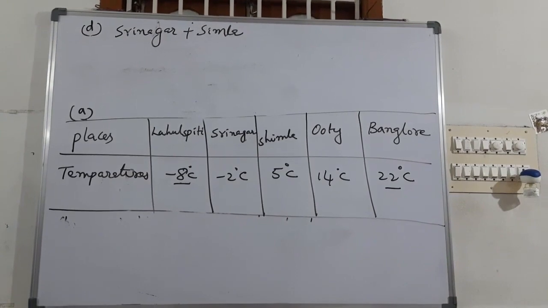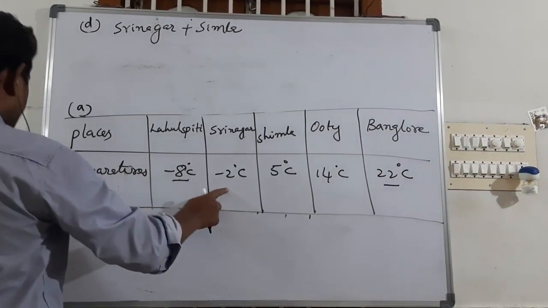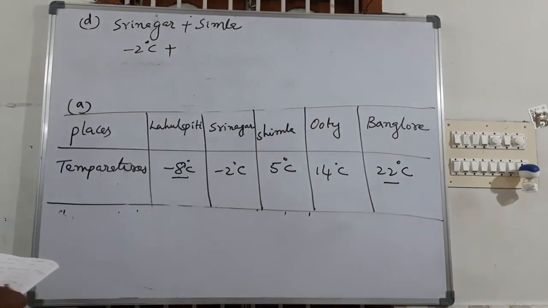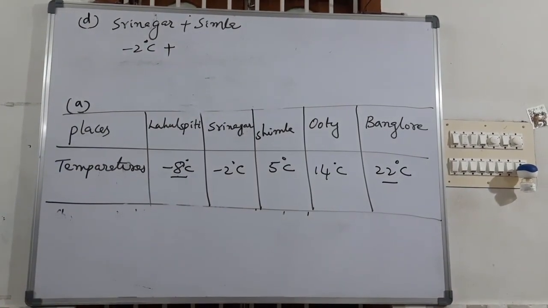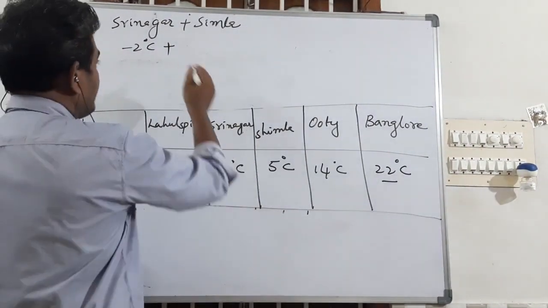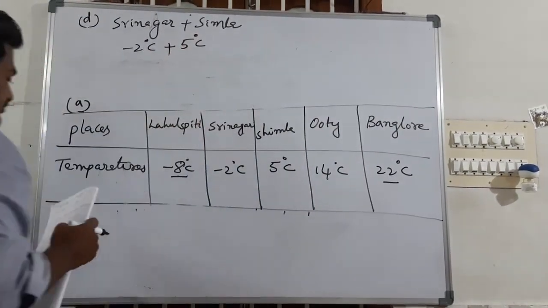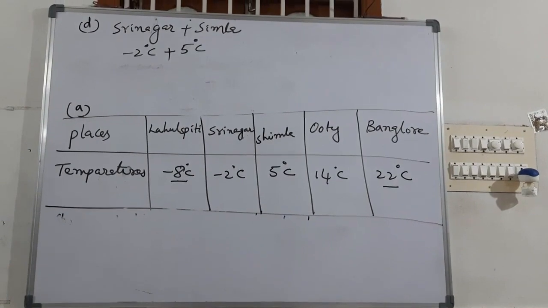See the board. The temperature in Srinagar is minus 2 degrees Celsius, plus Shimla. What is the temperature in Shimla? Shimla's temperature is 5 degrees Celsius. So 5 minus 2. Different symbols means we can subtract.